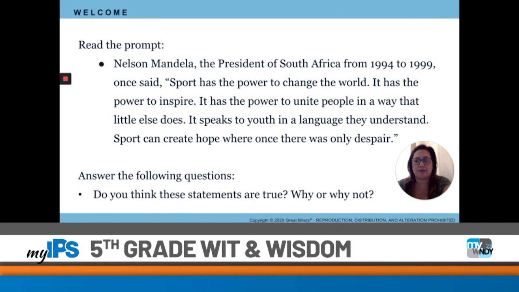Then skip a few lines down and add 1994 to 1999. And next to that, you'll write Nelson Mandela was the president of South Africa. We will be using this timeline throughout the module to show you different time periods that we will be looking at. Go ahead and pause the video and write that down.